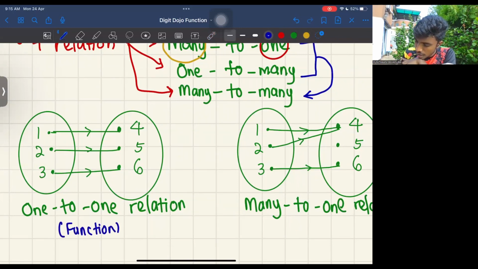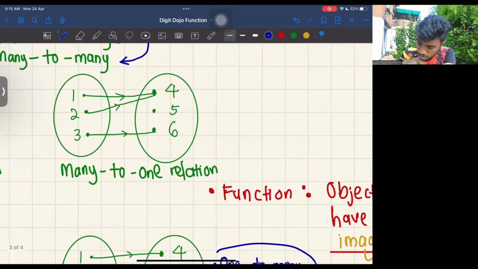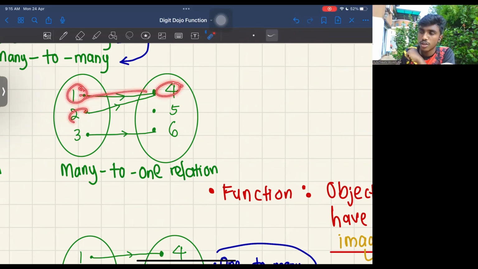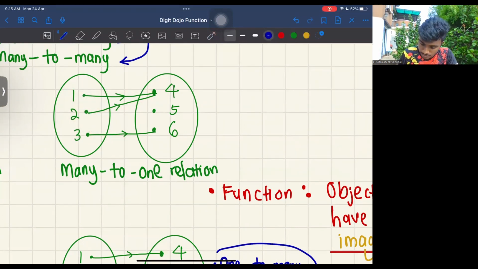And next here, check: 1 having one image, 2 having one image. Even though it's the same, still they are having only one image. 3 is also having one image. It is considered a function.